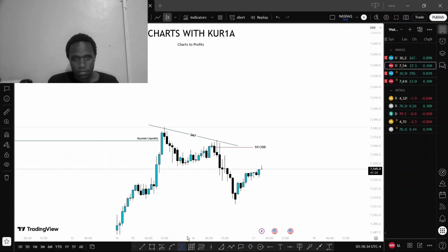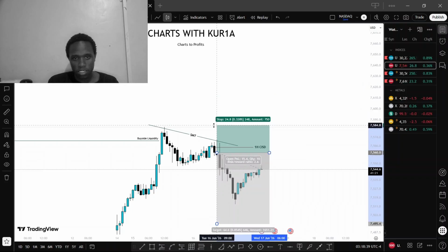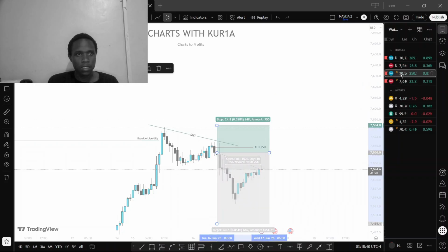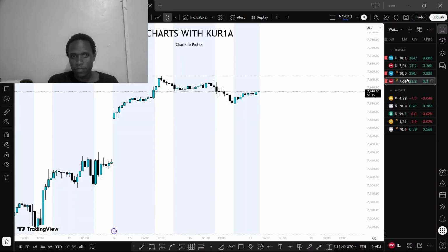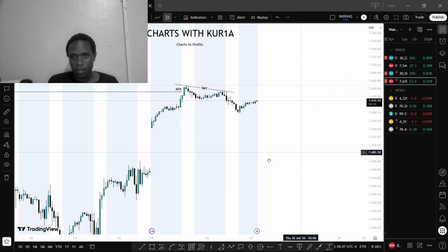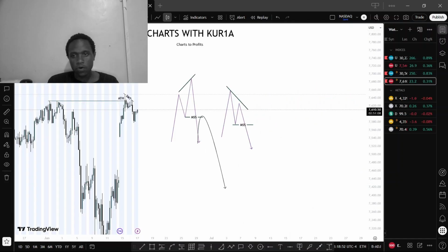And there is something that I should have mentioned when I was teaching you about the elements of an SMT, let me just mention it quick. We did some drawings here. So this is known as a protected high.